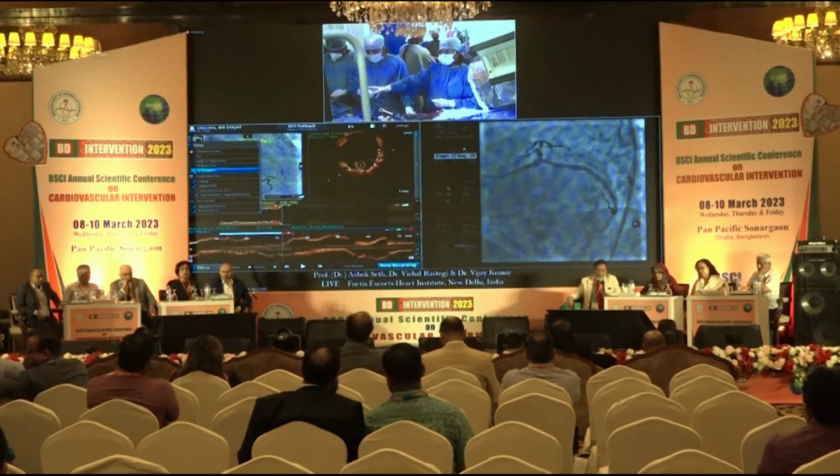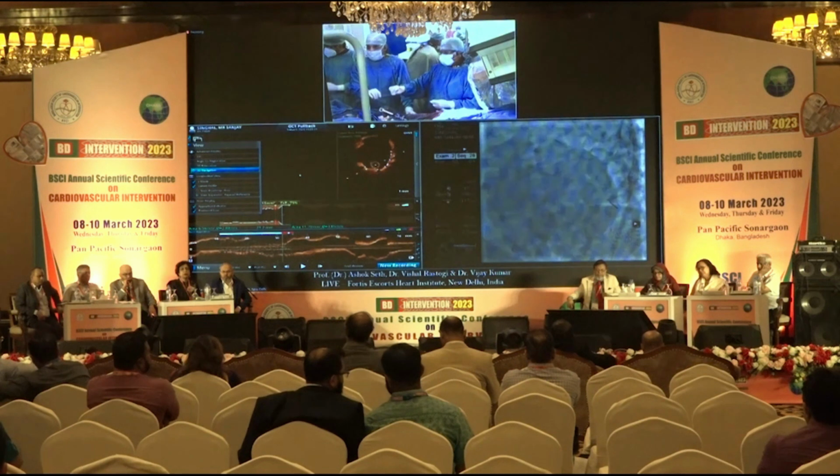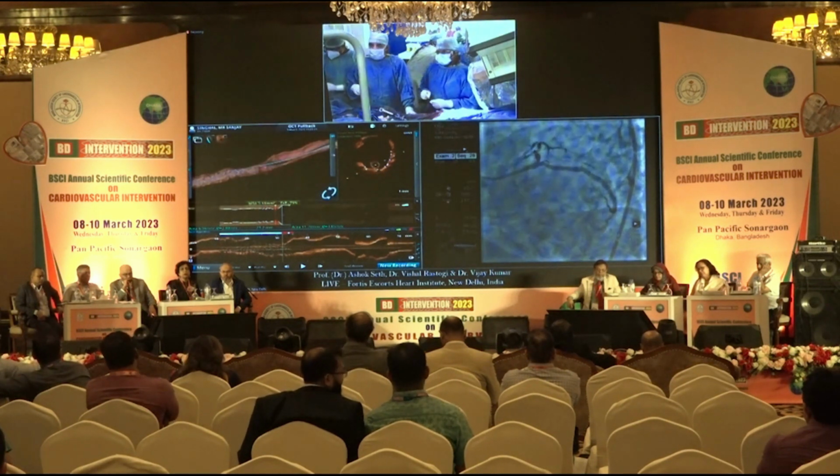But we will definitely, as Nishit Chandra has said, go in with our 3.5 and go up to higher pressures to get a better expansion at that tightest point, which was the calcified point. Next. You will actually see a shot here, and you can see that's the dilated area where you see some malapposition. But we're more concerned about that lesion point, where we want to achieve full expansion.